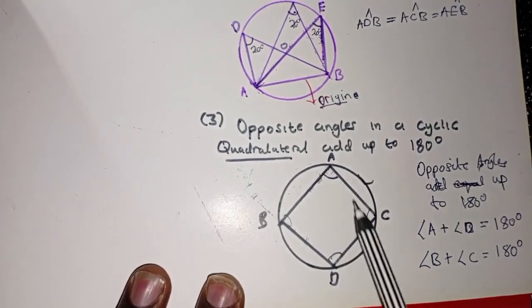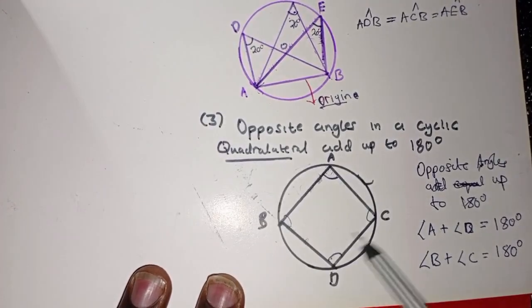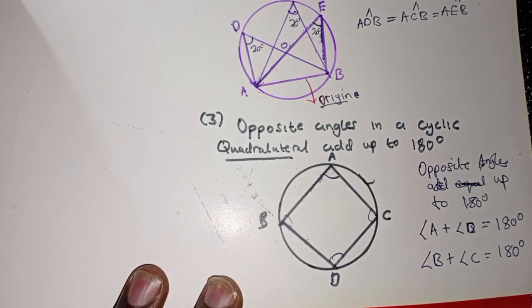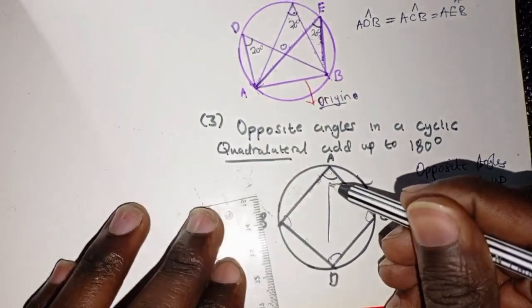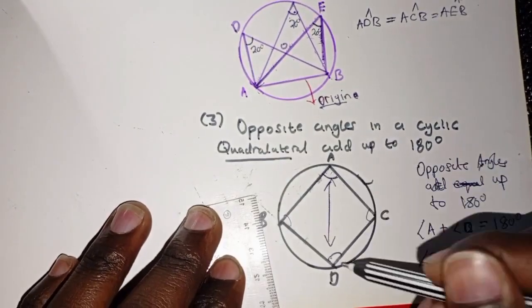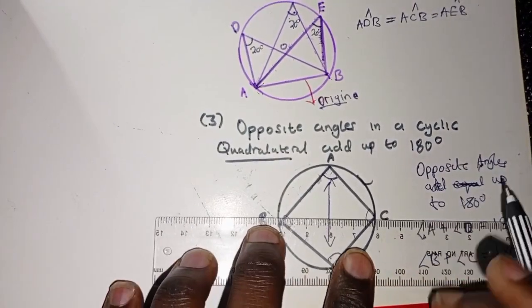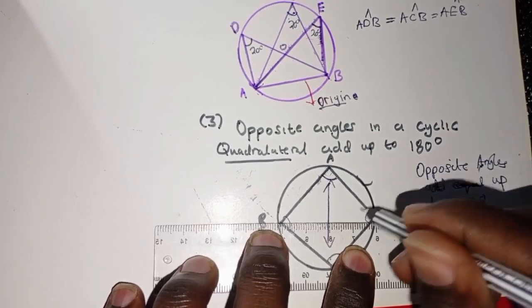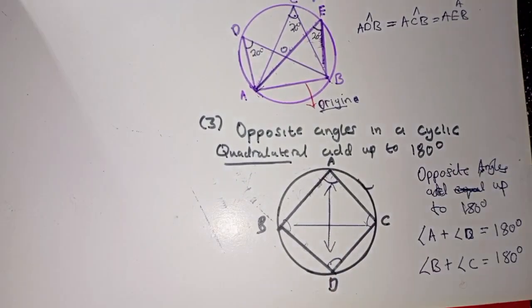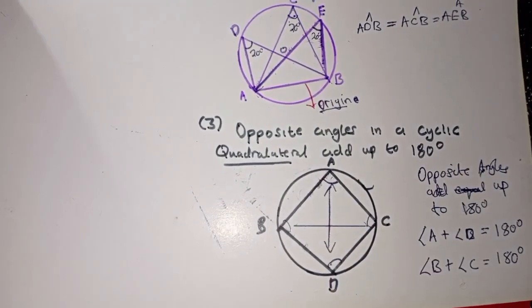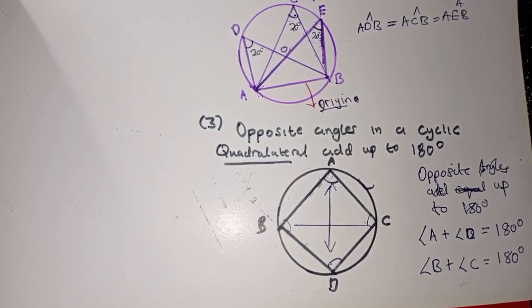One thing you should know: it must be a quadrilateral with four sides, and those angles that face each other, if you add them, should give you 180. You must really understand these properties, and they are very easy to understand.